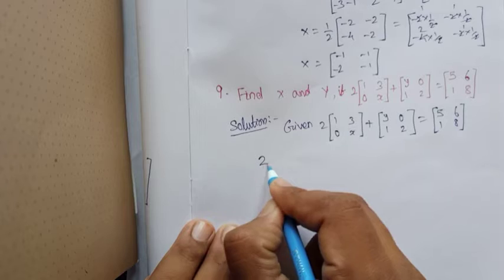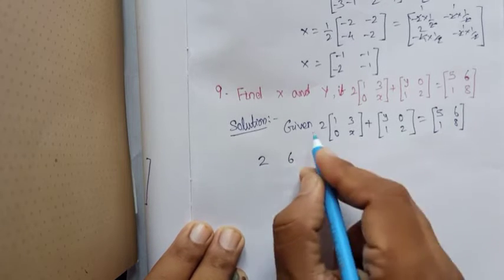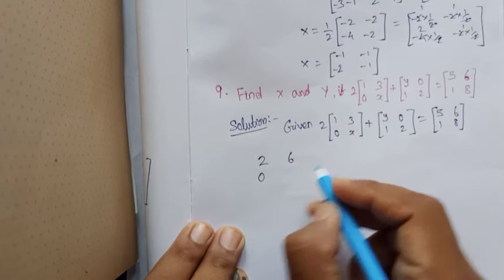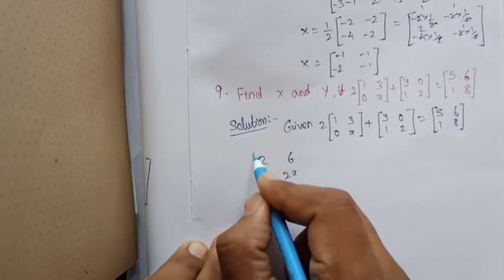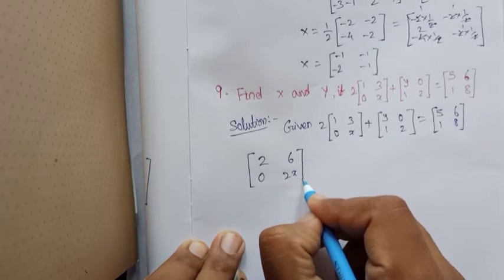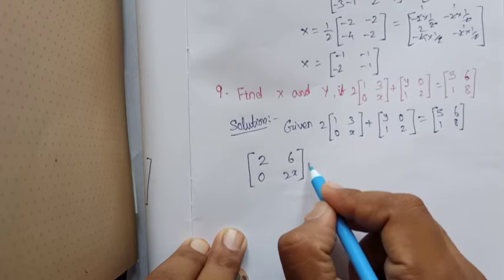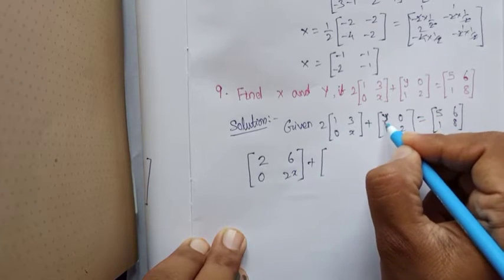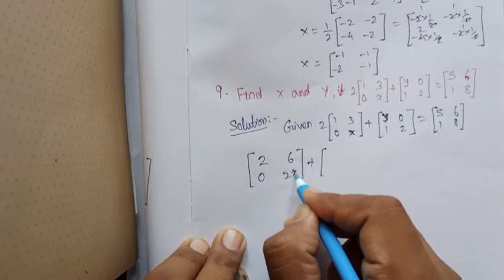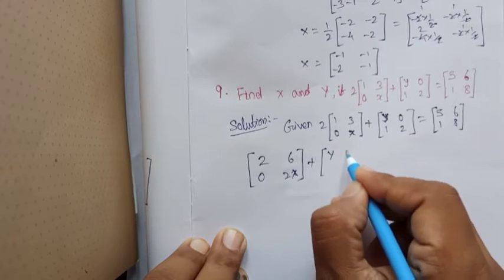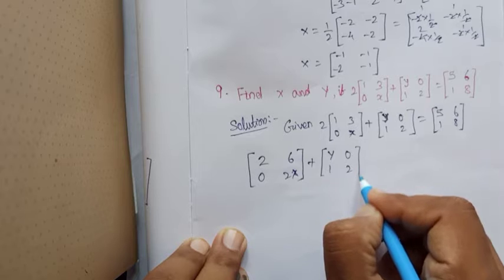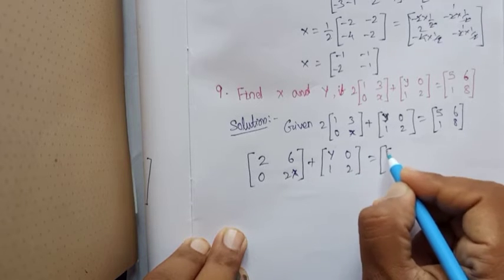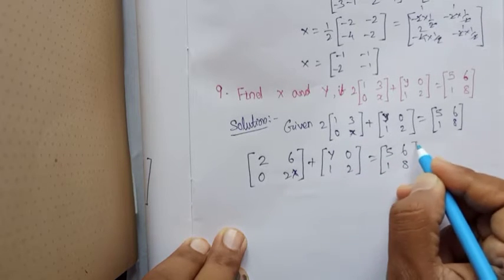We get 2 ones are 2 and 2 threes are 6, 2 into 0 is 0, 2x. Next, plus, these are capital letters, capital Y and capital X, Y 0, 1, 2 equal to 5, 6, 1, 8.